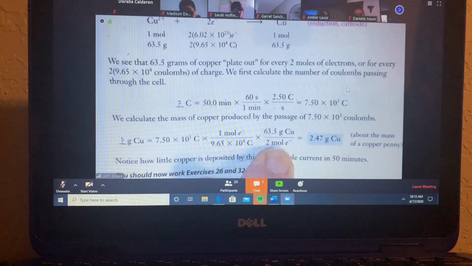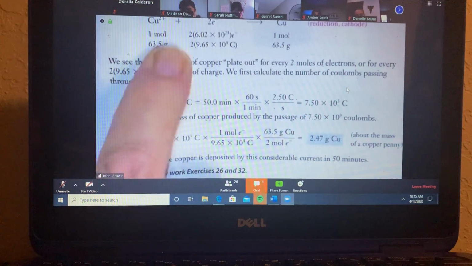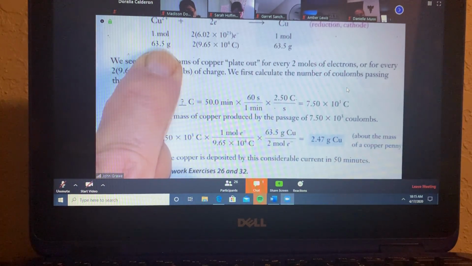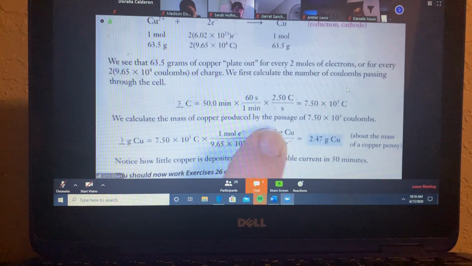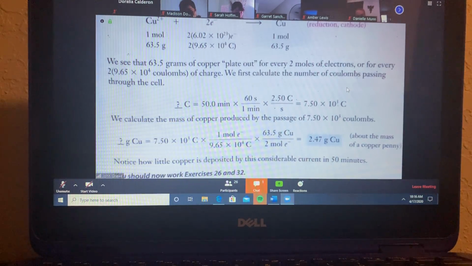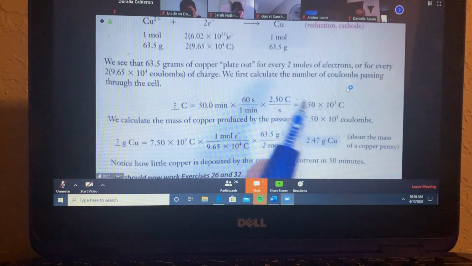But in 2 moles of electrons, we have 1 mole, and that's the atomic weight of the element, the molar mass of copper. That's it. So this is the essence of that calculation.